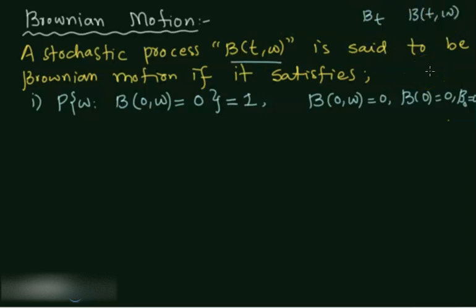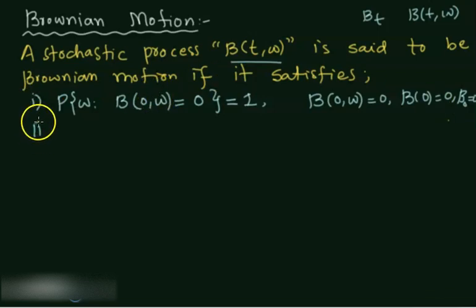So the first condition that is imposed is that this stochastic process is 0 at time 0. So initially it's 0. The Brownian motion is 0 at initial time.